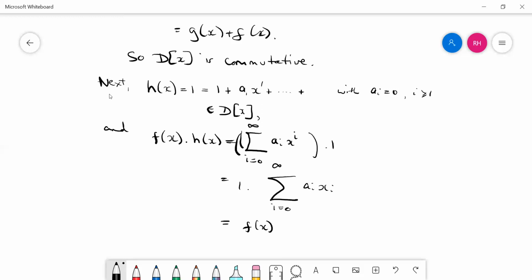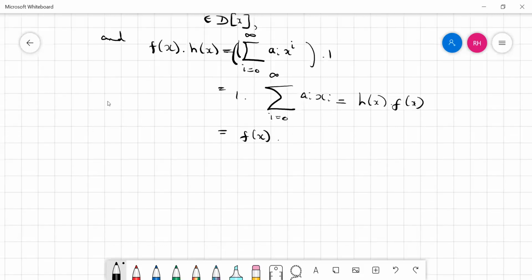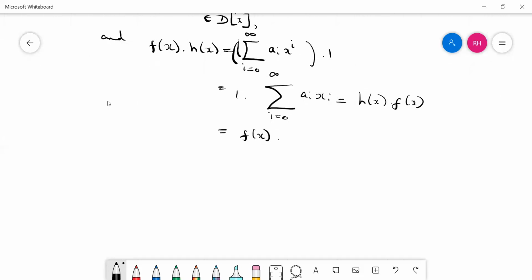I suppose you could write here equals h(x), which is 1 times f(x). I've been a bit confusing because I've swapped between h(x) and f(x), but that's good enough. That's proven. So I'll just write that in.